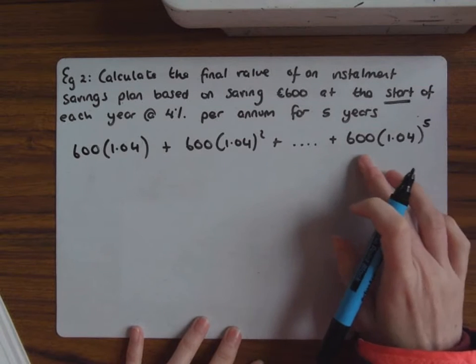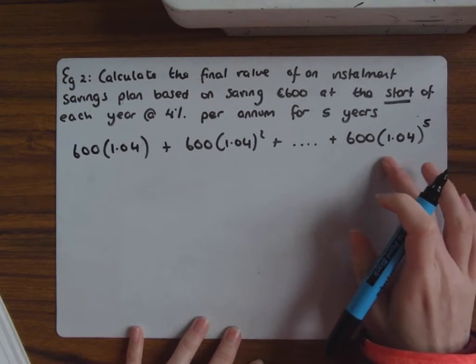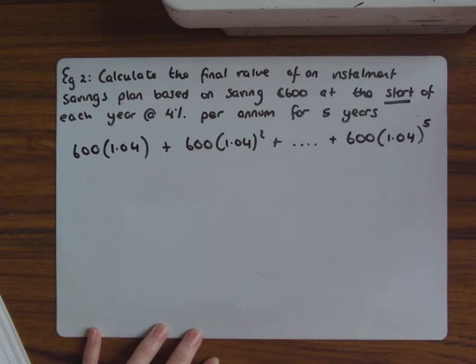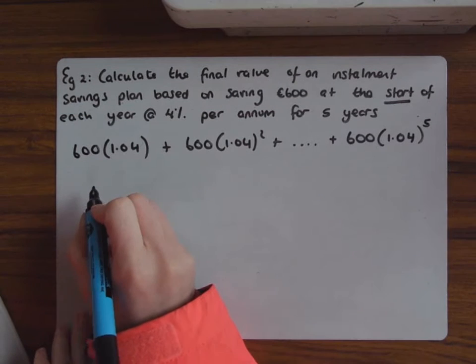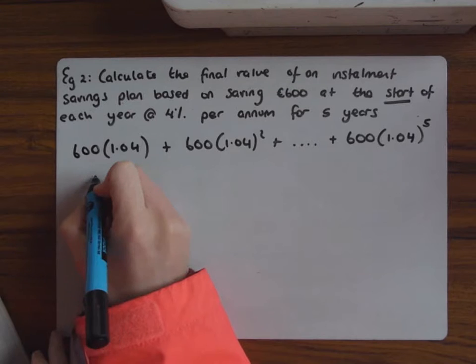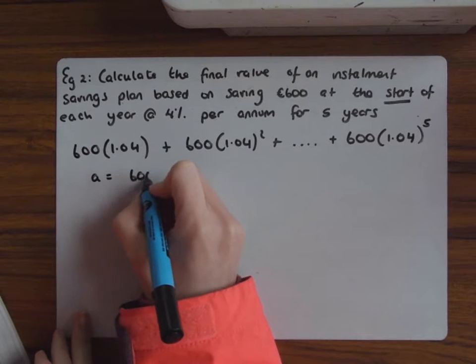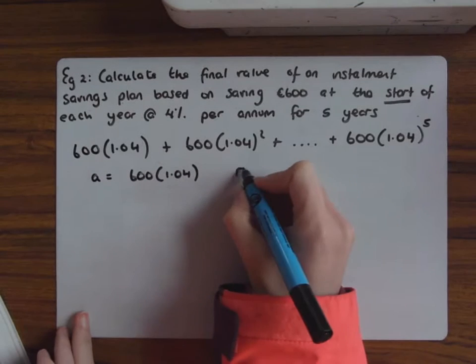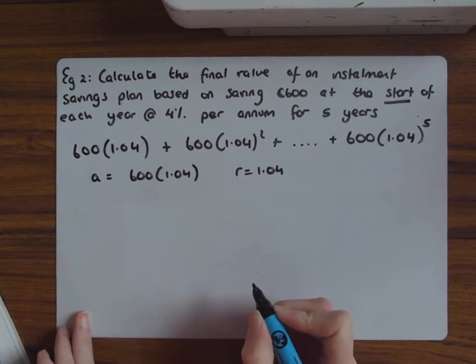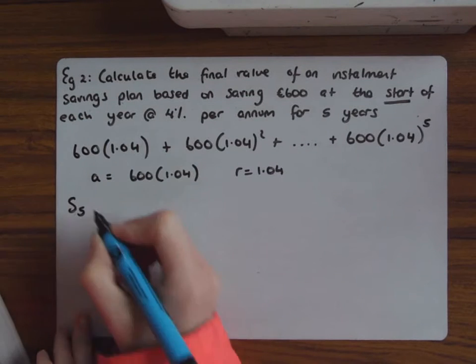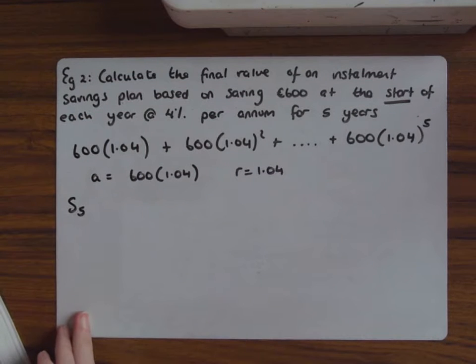So that €600 is in there for 5 years, earning 5 years' worth of interest, and so on. Basically this is like what we did 2 days ago. It's your geometric series. There's your A, there's your R, and we're looking for the sum of the first 5 terms. We want to find the final value of this plan. How much am I going to have in the account after 5 years?